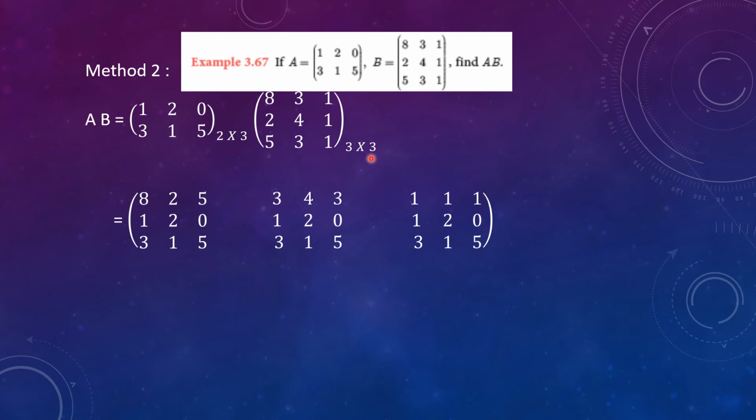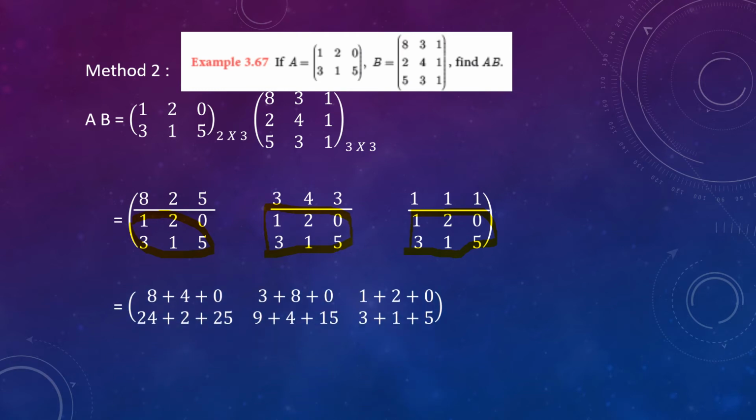So I have to write the first matrix 3 times. Then mark the line like this. Above, I have to write the columns row wise, that is 8, 2, 5 here, 3, 4, 3 here, 1, 1, 1 like this.